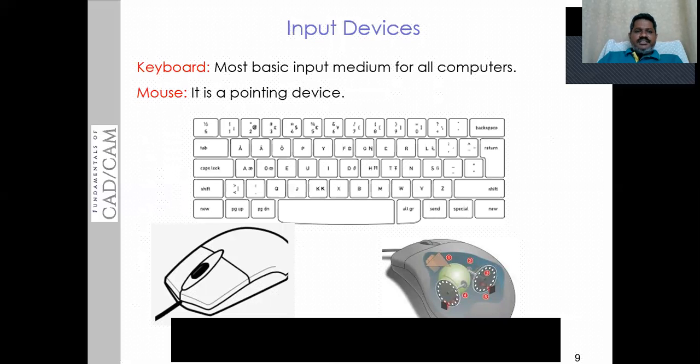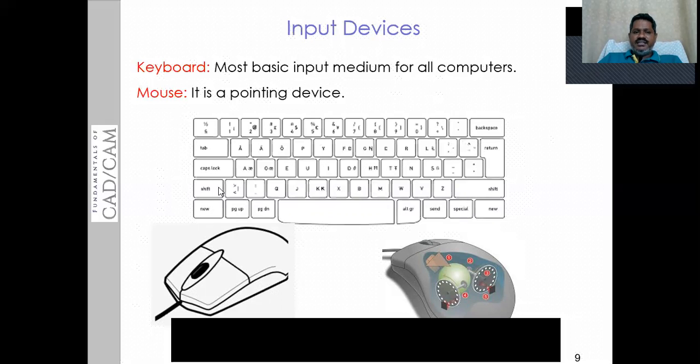As I said just now, mouse and keyboard are the most basic input medium for all computers. If you purchase a computer, every computer is attached with a keyboard as well as a mouse. Keyboard is just like a typewriter machine.